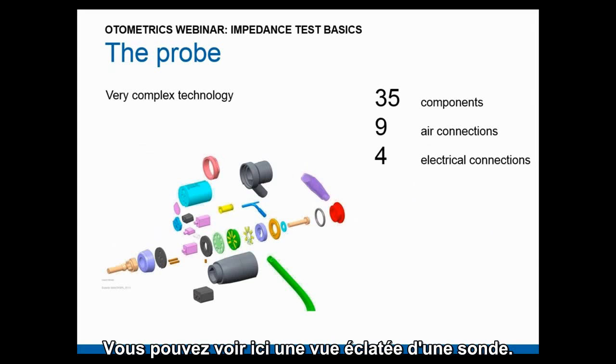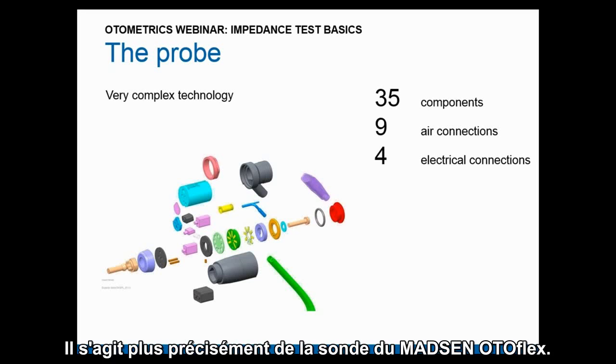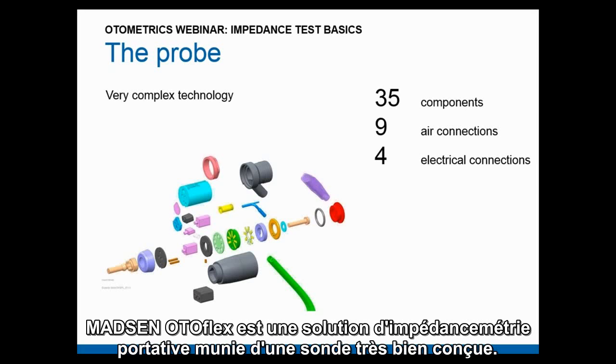For example, here you have what we call an exploded view of a probe. This probe is actually the probe from the Autoflex, the Madsen Autoflex. The Madsen Autoflex is a handheld solution, a portable immittance solution with a very, very nice probe.